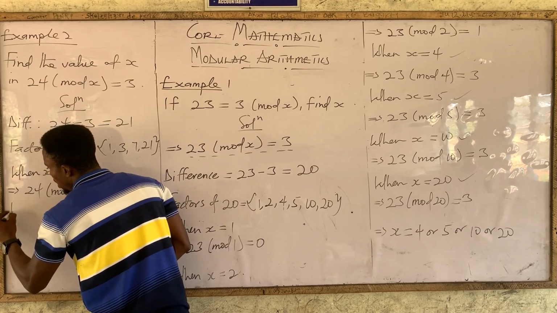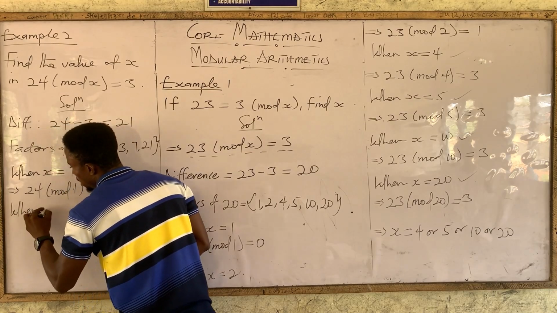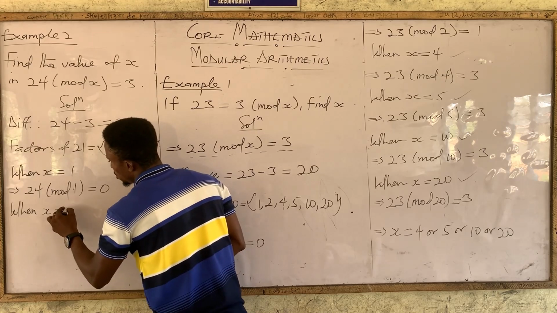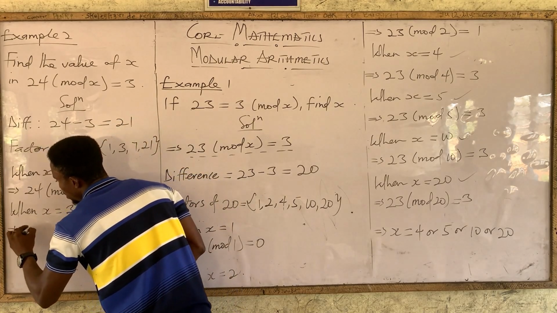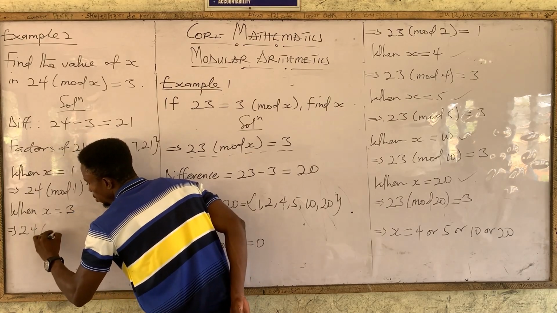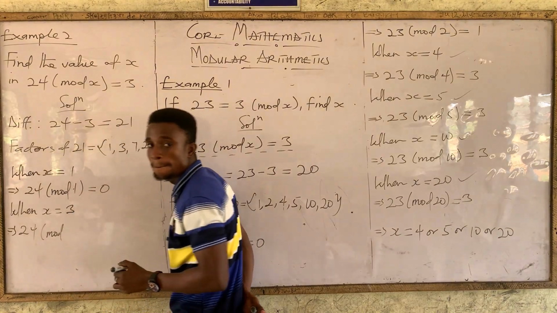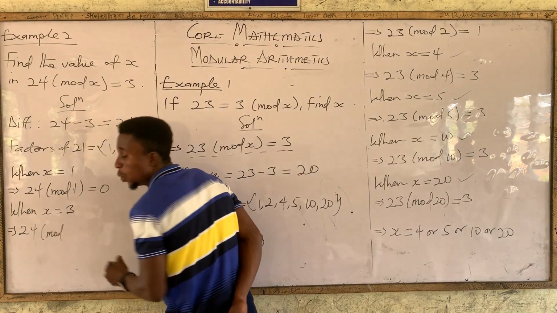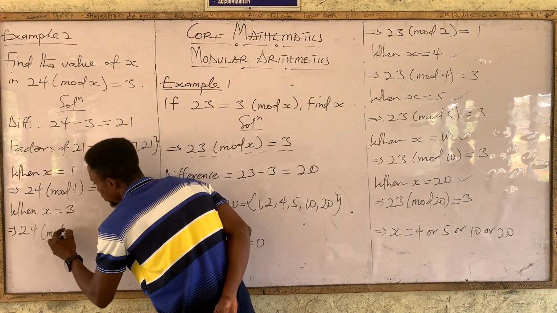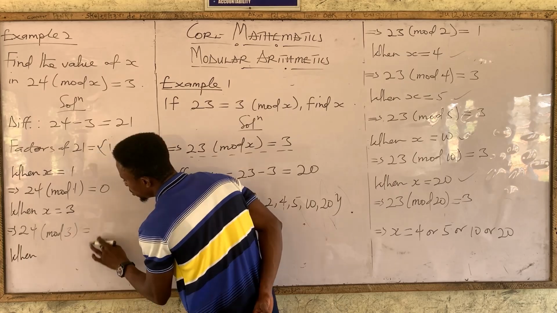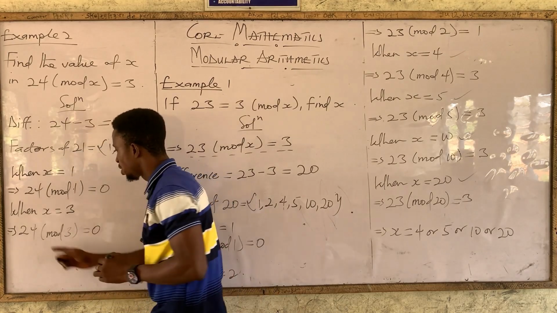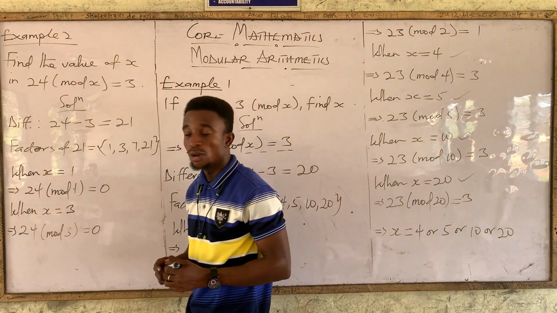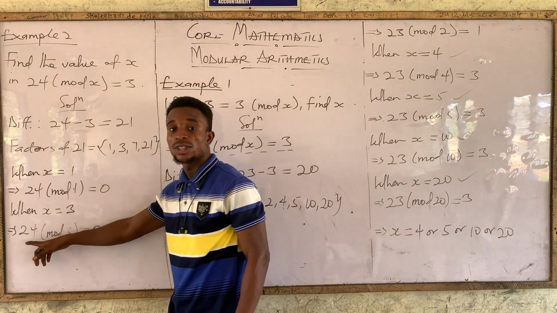Then also when X is equal to 3, this implies I'll have 24 mod 3, which is equal to 0, because 3 goes into 24, so there wouldn't be anything left.